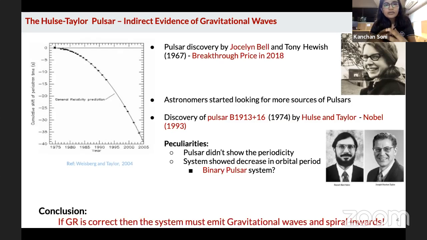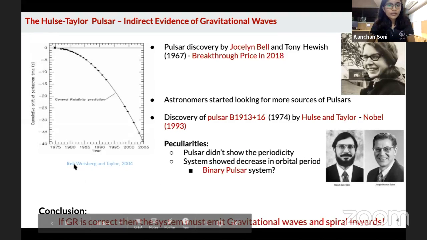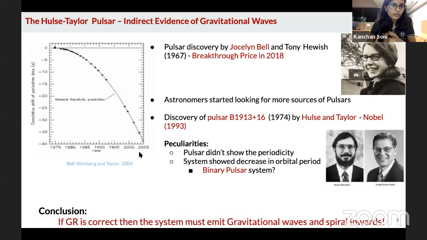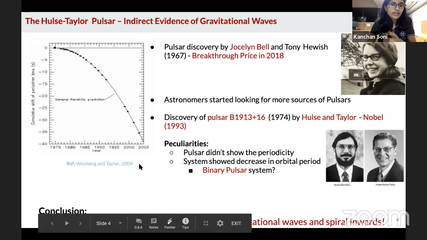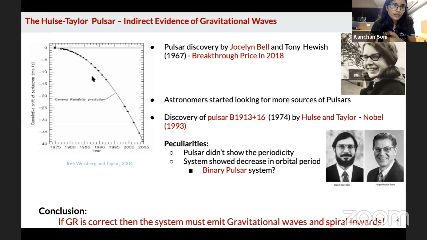That made some confusion about why it was not showing any periodicity. That means the periodicity is sort of decreasing over time. And this is what later on was proved by Weisberg and Taylor in 2004, that the orbital period of the system was decreasing over time.